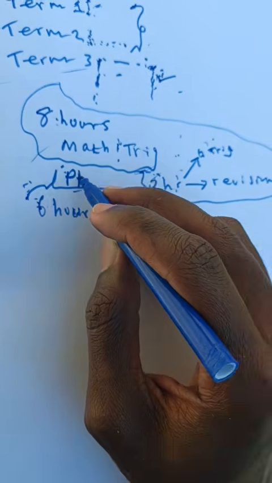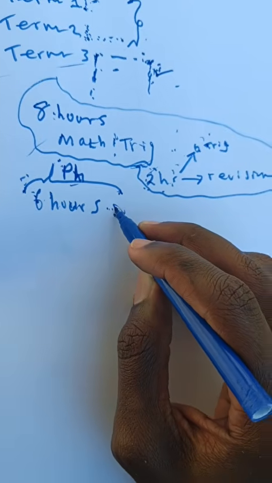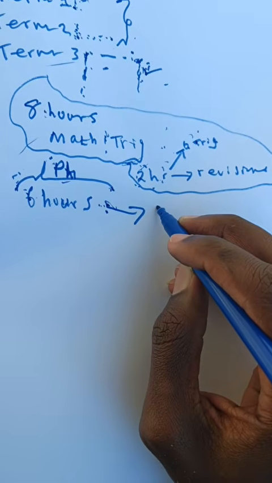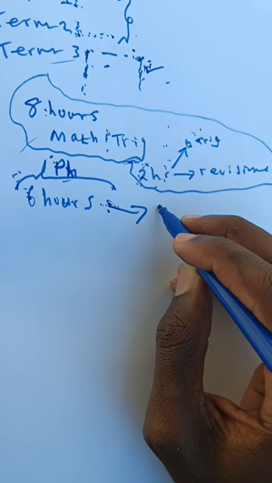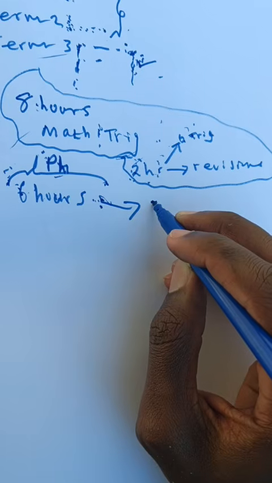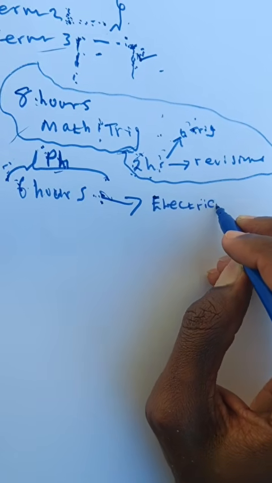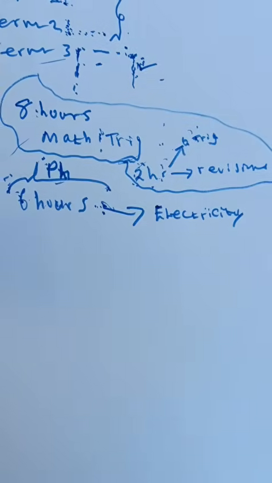So if you're studying for 6 hours, for example, PH 110, you can say, okay, since term 3 week is requiring a lot of time, I've never heard most of the topics before. Let's say today you're studying electricity.